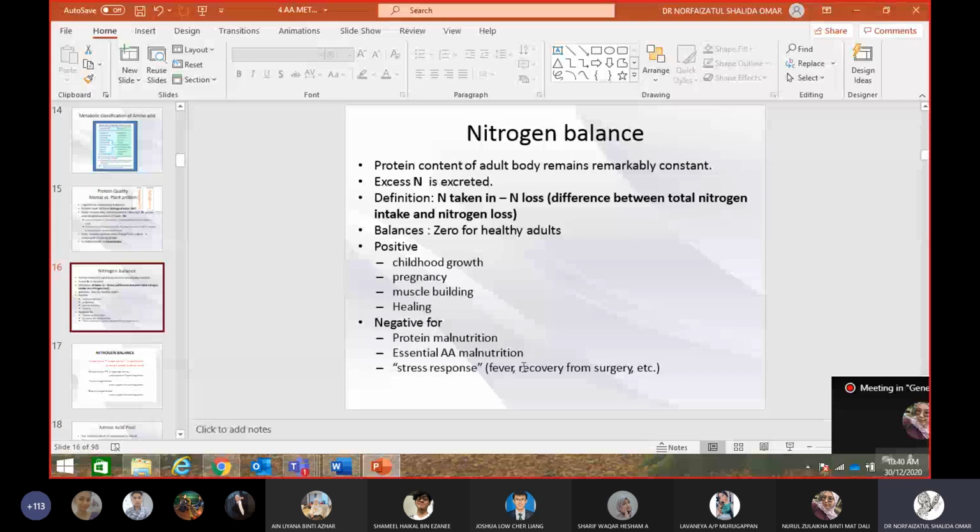And other than that is malnutrition. Kids that have malnutrition like kwashiorkor and all that will also have a negative nitrogen balance.